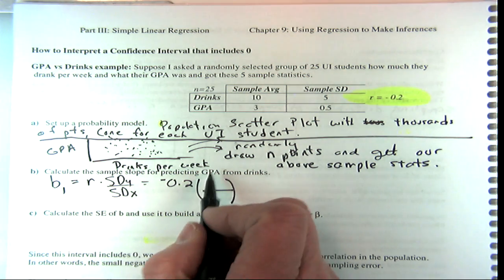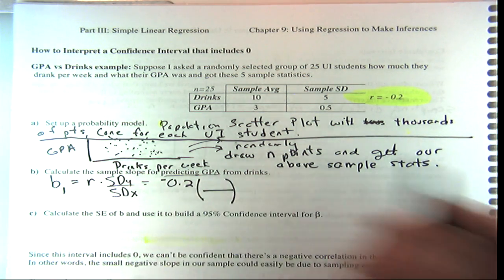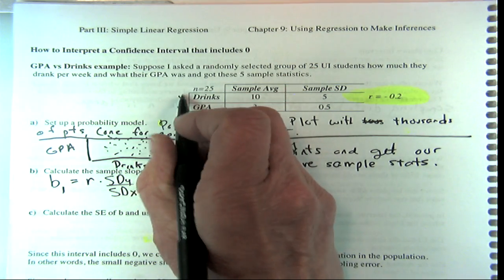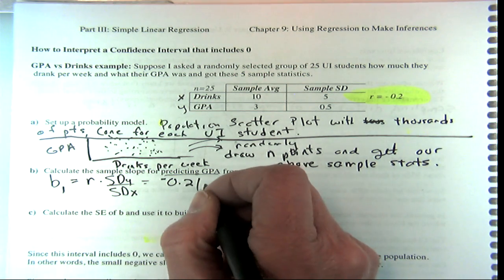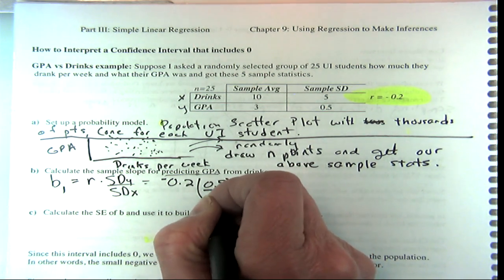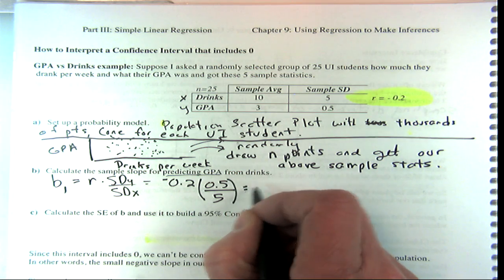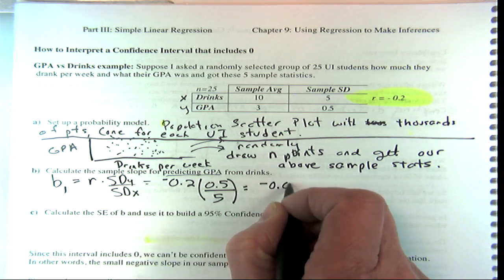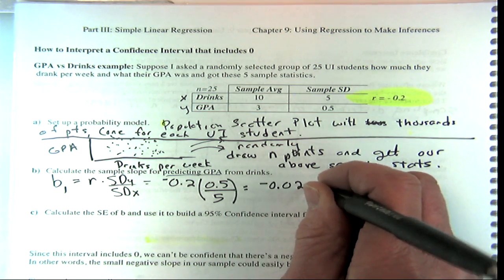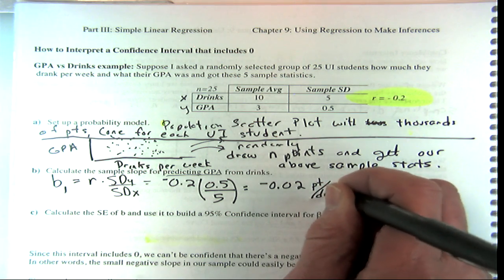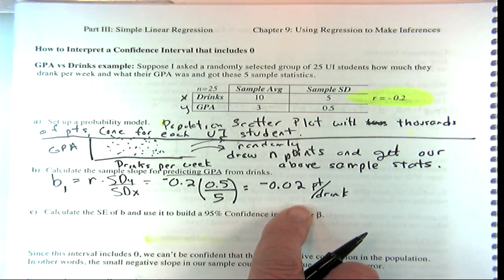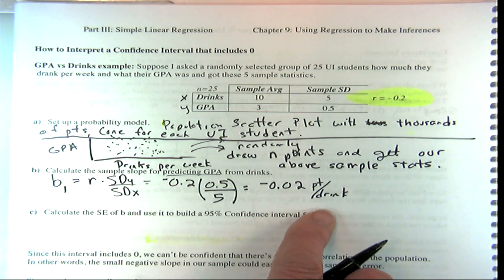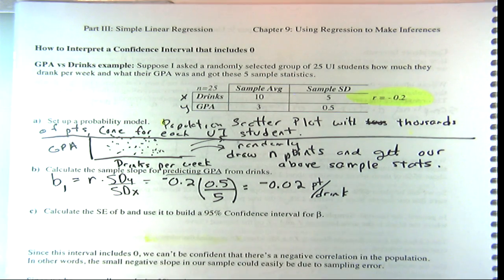Y is always what we're predicting, GPA, so GPA is Y, and that's X. Whatever you're predicting is the Y. All right, so we're going to have 0.5 over 5, and that is equal to negative 0.02 GPA points per drink. So on the average, it would lower people's GPA by 0.02 points for each extra drink they consume per week.